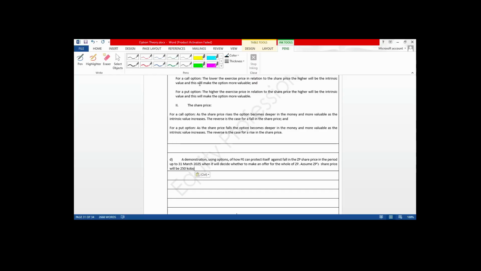As of today, the share price is 287 kobo. Today is 31st March 2024. In 3 months' time, we expect the share price to fall to 250. How can we protect ourselves?